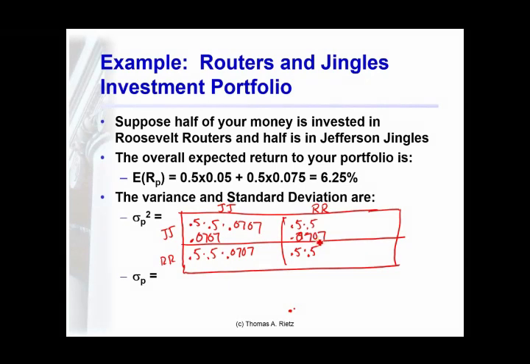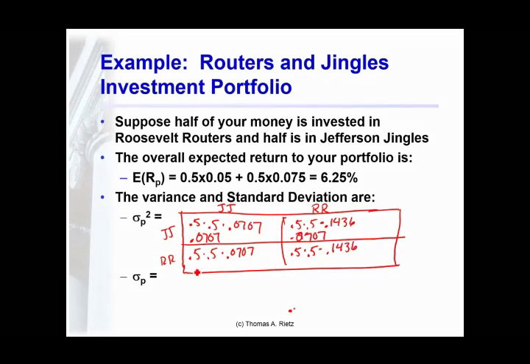The columns for Roosevelt Routers. Roosevelt Routers, remember, had a standard deviation of 0.1436. This is the column, and this is the row.